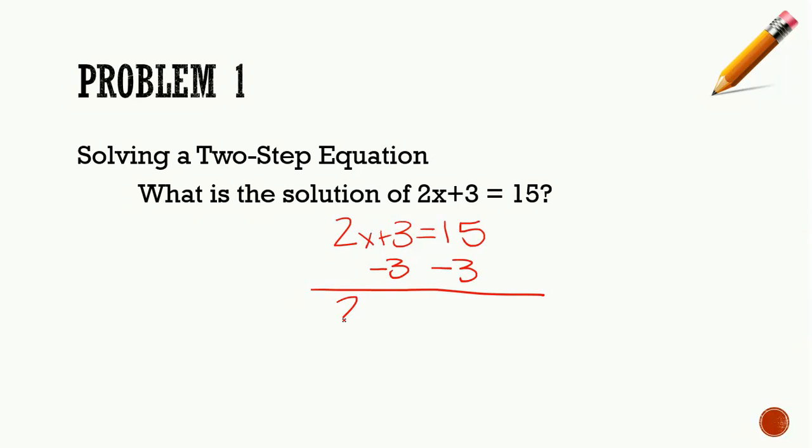I get 2x over here, the 3's are gone, and 15 minus 3 is 12. Now I need to do one more step. It looks like 2 steps, right? 2x, that's multiplication, so I have to undo it, divide, and I get x equals 6.